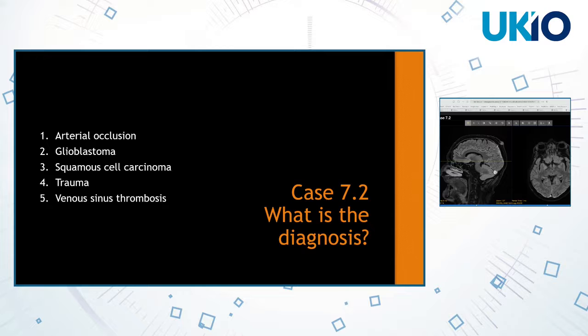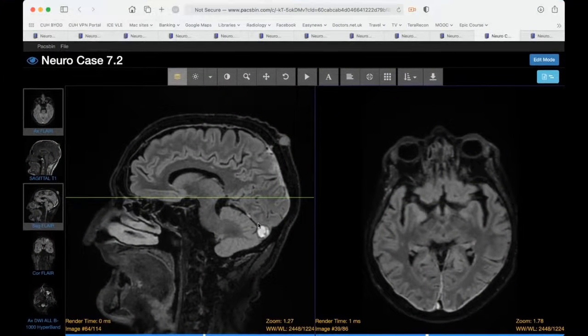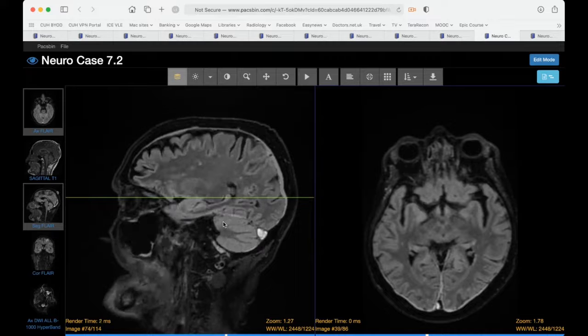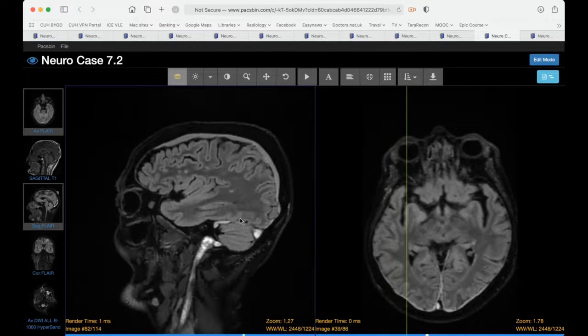If I could share my screen again, James, I'm going to go back to PACS and have a look at the sagittal FLAIR. Notice that this thrombosis extends all the way down the internal jugular vein, so sigmoid sinus, internal jugular vein.